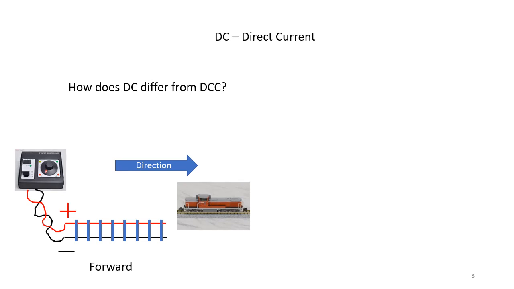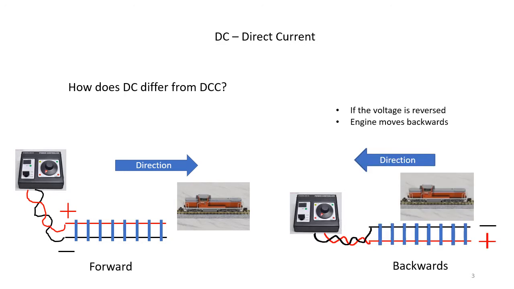Now consider this scenario here on the left. We have a DC controller putting positive voltage onto the top rail and negative voltage onto the bottom rail, and in this situation, my engine will move forward. On the right hand side now, I reversed the voltage going to the rails.